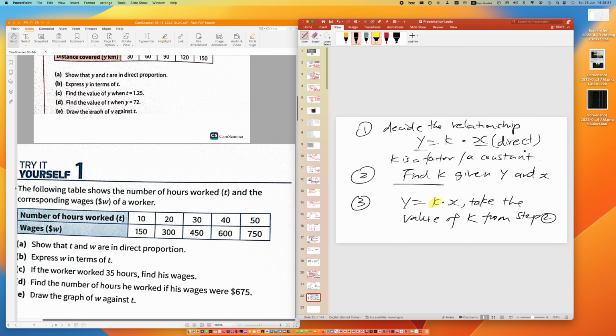So now in this question, is it y and x or is it something else? In this question is the relationship between which two? The T and the W. Which one comes first? W first.